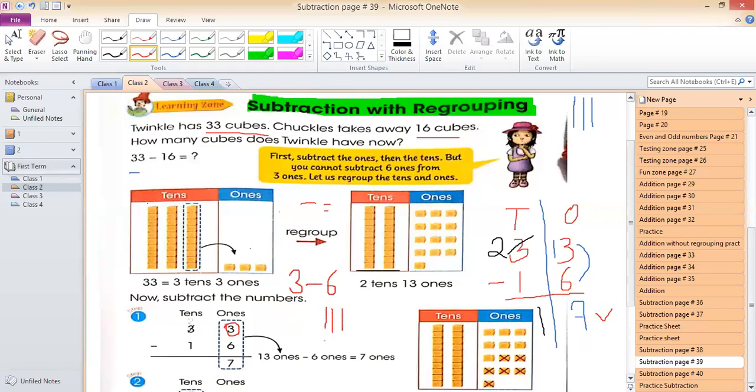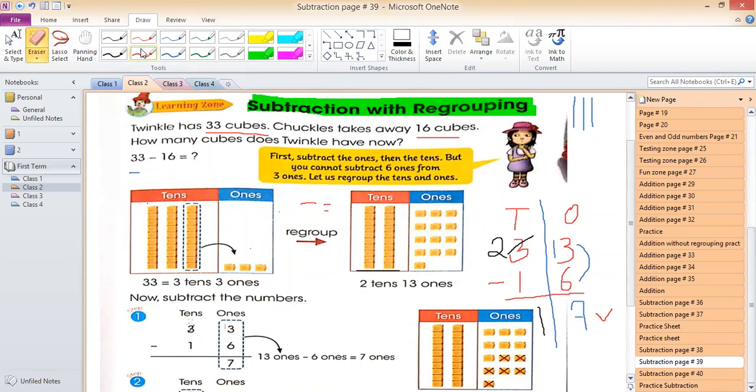And 6 because you need to subtract, so you need to cut 6 lines. But because 3 is smaller, you cannot cut 6 lines. So the first important thing that you should remember: from the first number you have to subtract. The first number means you draw that many lines, and from the second number you decide how many lines you need to cut. This is the first important thing which you should remember.